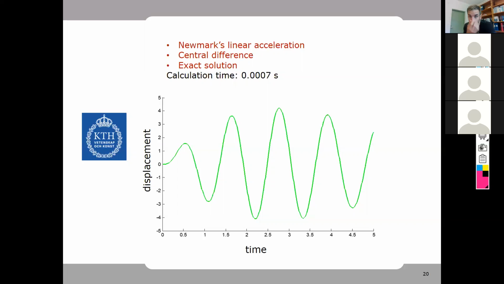But of course, when we are dealing with structures, we are almost never dealing with a single degree of freedom system. Okay. We have multiple degrees of freedom. And that changes everything a little bit.